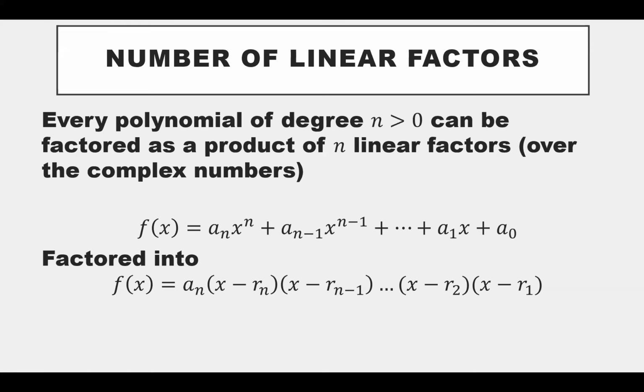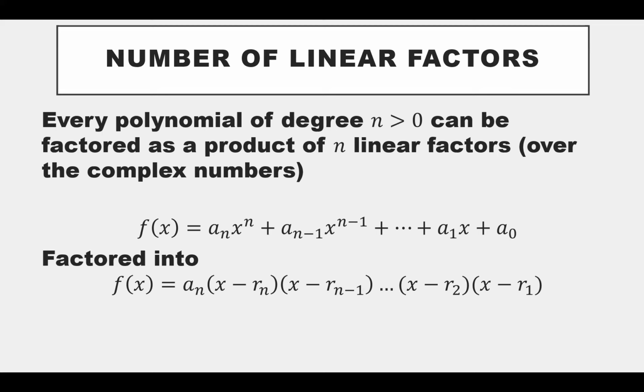Now, here's a really important result that we're going to look at and use over and over in this section. The number of linear factors of a polynomial of degree n is going to be n. So for every polynomial of degree n, where n is an integer bigger than 0, the polynomial can be factored as a product of n linear factors over the complex numbers.